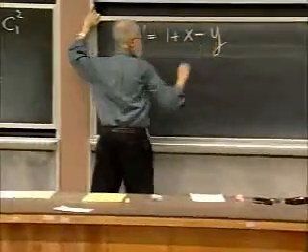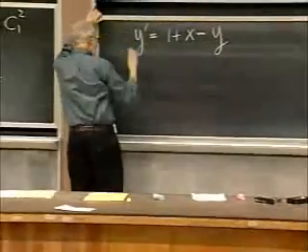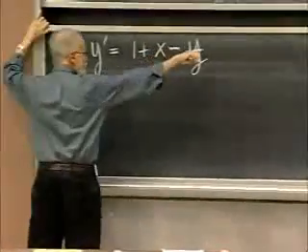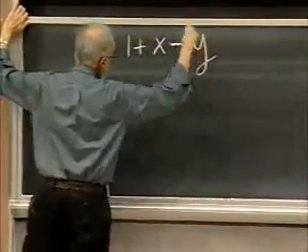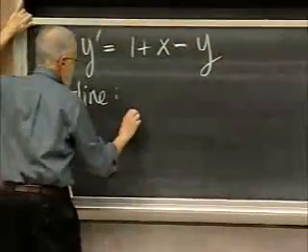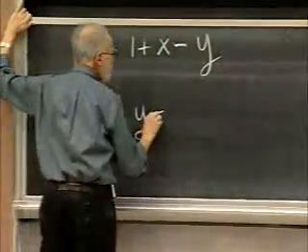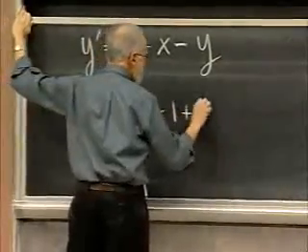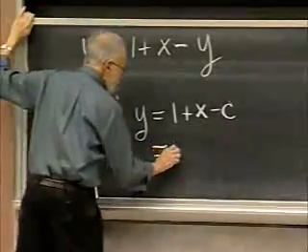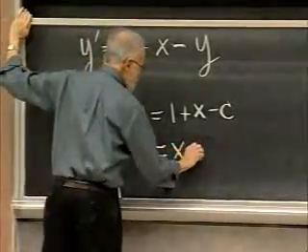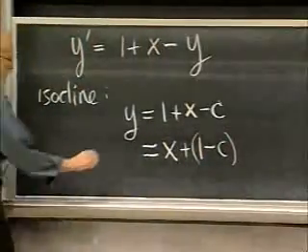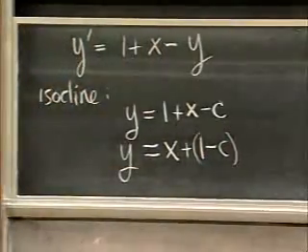Well, I set that equal to c. Can you do the algebra in your head? An isocline will have the equation, this equals c, so I'm going to put the y on the right-hand side and that c on the left-hand side. So it will have the equation y equals 1 plus x minus c. Or a nicer way to write it would be x plus 1 minus c. I guess it really doesn't matter. So there's the equation of the isocline.